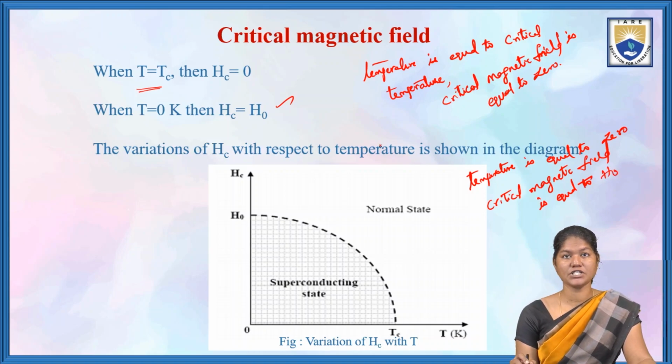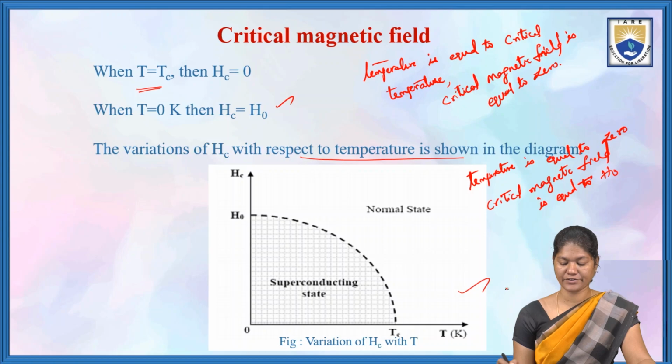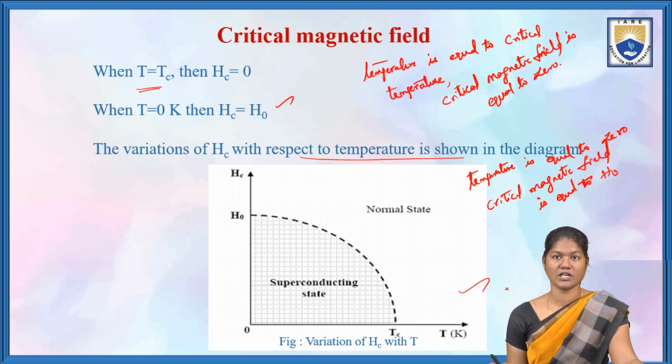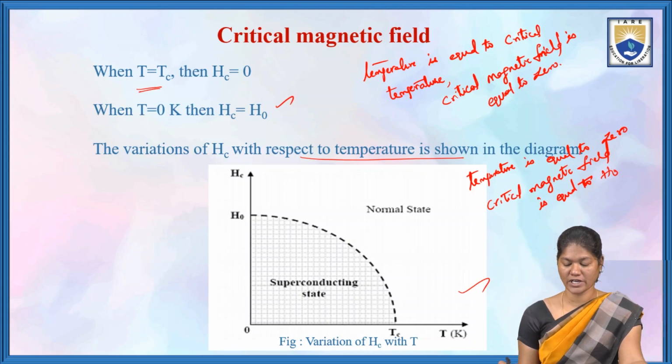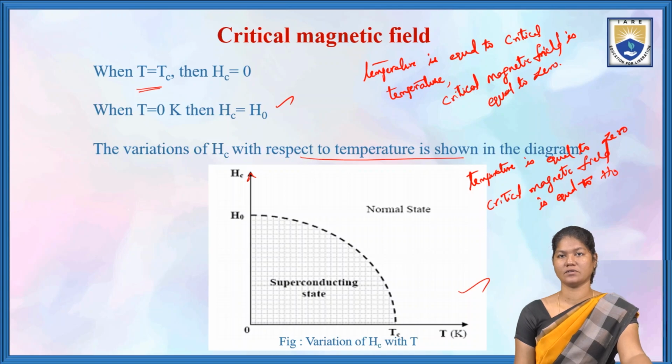So the variation of critical magnetic field with respect to temperature can be seen in this diagram. Variation of critical magnetic field with temperature: taking temperature on the x-axis, which is in degree Kelvin, and the magnetic field on the y-axis.